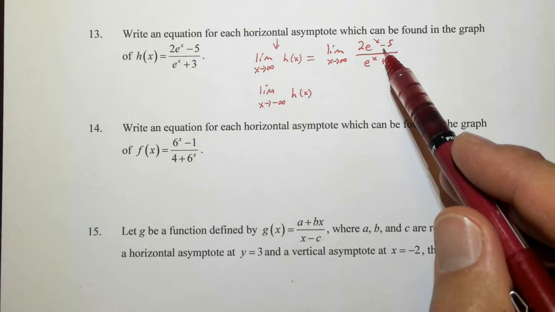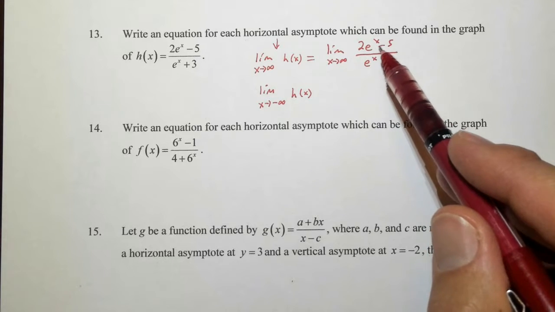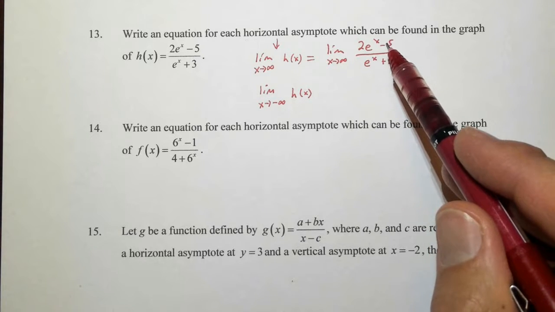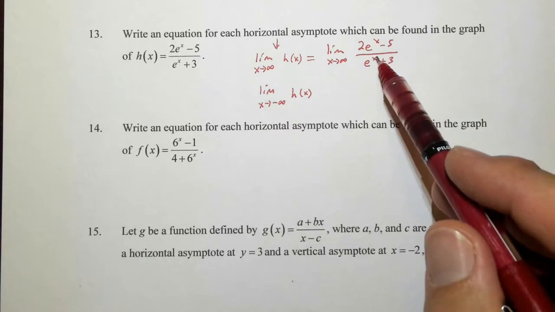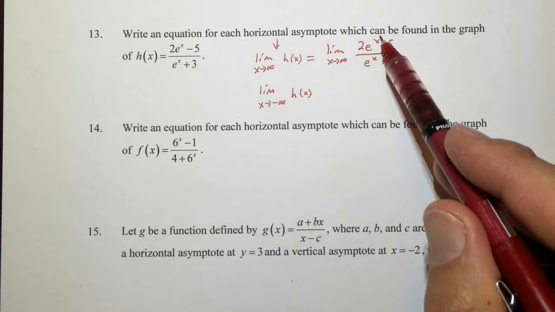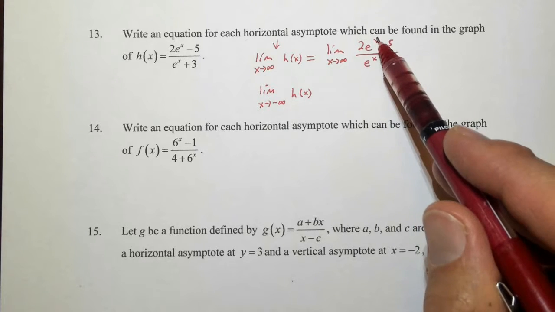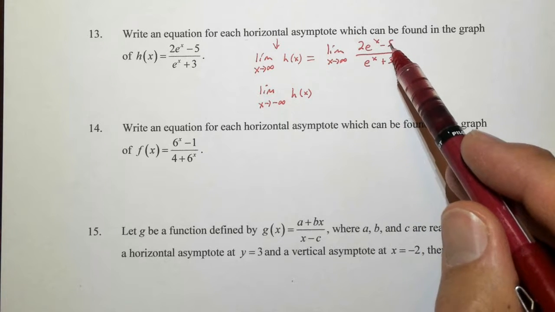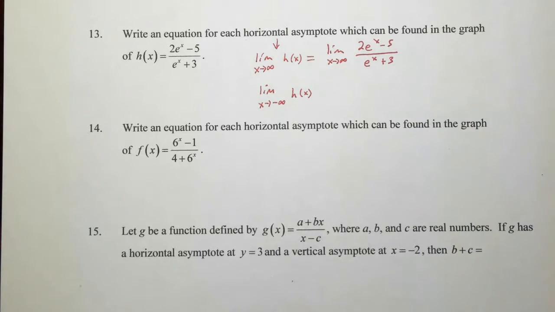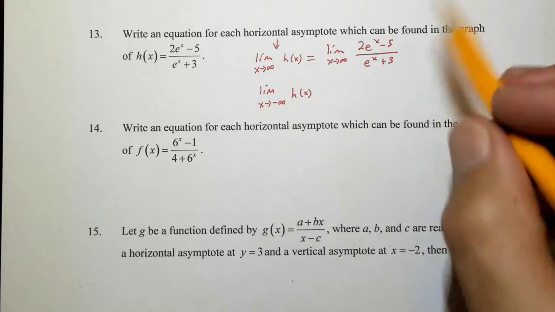So what ends up happening is the minus 5 in the numerator and the plus 3 in the denominator become inconsequential. We have this huge value, which is also being doubled, and this really small value. The really small value doesn't matter in the context of the problem.